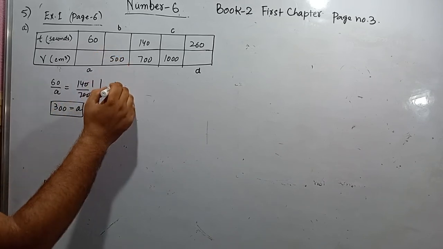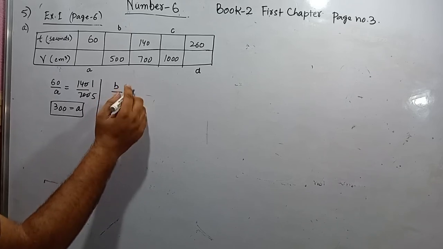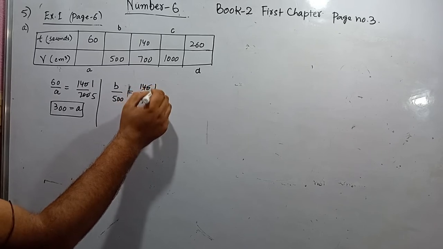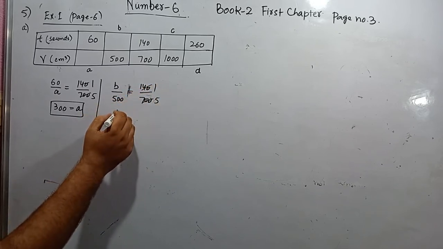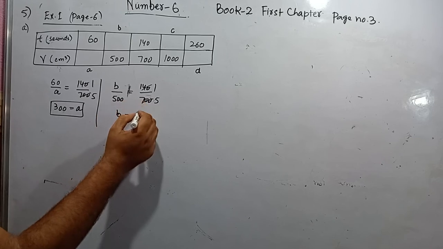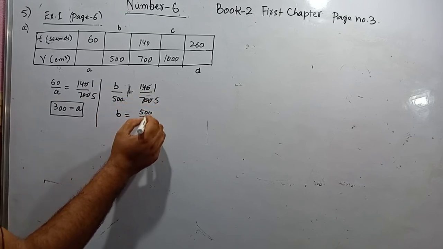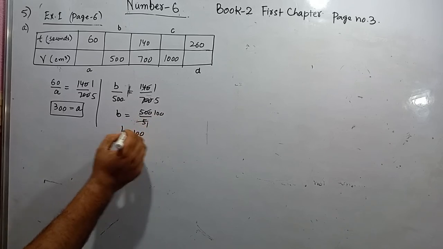Now next I can write B divided by 500 is equal to 140 divided by 700. It's 1 by 5. So 500 will go here on transposition. It's 1 into 500, 500 divided by 5. So B equals 100.